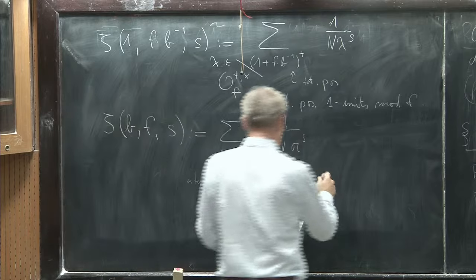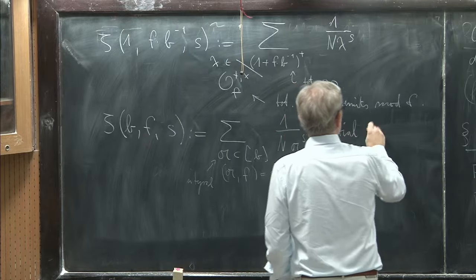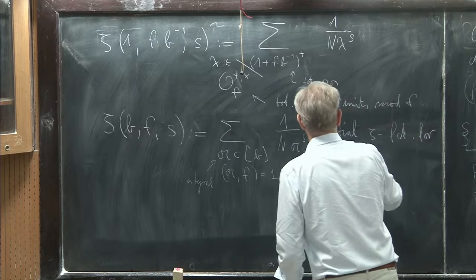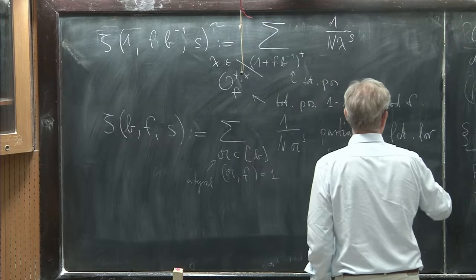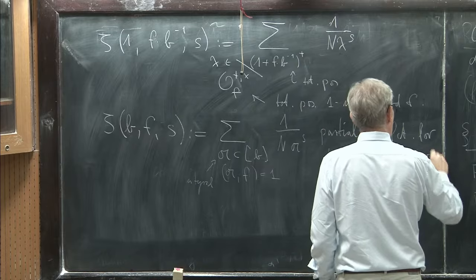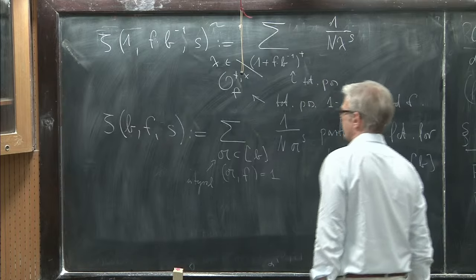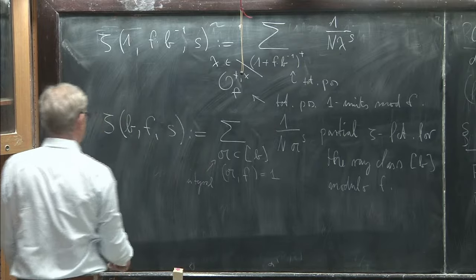And that's the partial zeta function for the ray class b modulo f. The relation between these two is very easy.